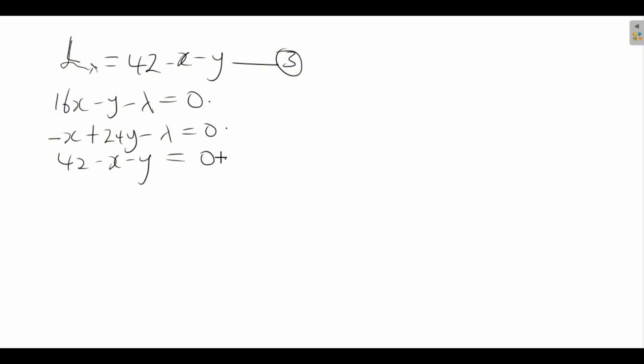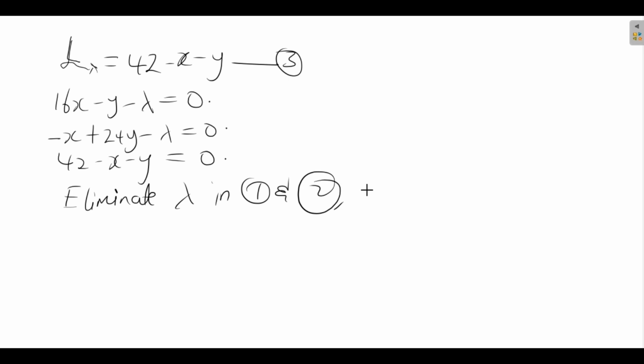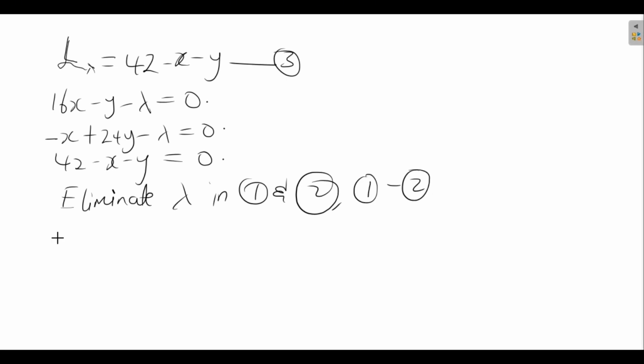It's the same thing. Now in equation 1 and 2, we want to eliminate lambda. So what we can do is equation 1 minus equation 2. Doing equation 1 minus 2, 16x minus negative x will give us 17x.